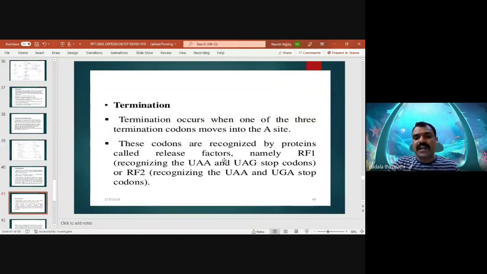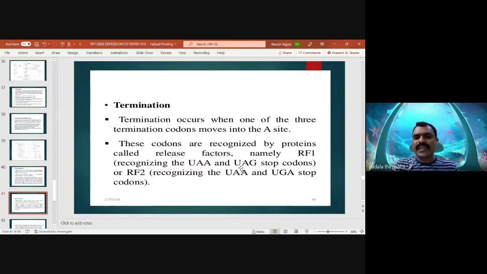At the same time, the termination codons UAA and UGA are also recognized by RF2. So RF1 is going to recognize UAA and UAG, and RF2 is going to recognize UAA and UGA on the A site of the ribosome. These are also stop codons.